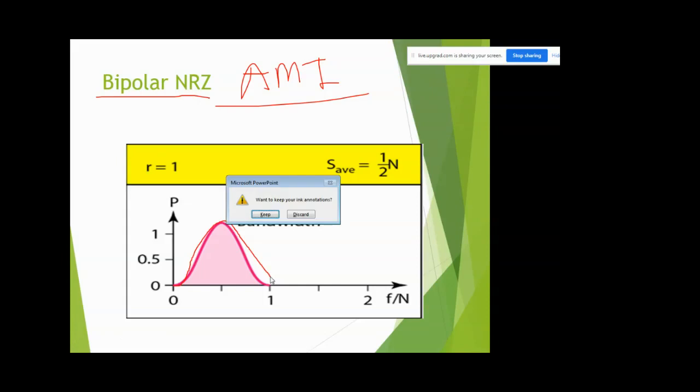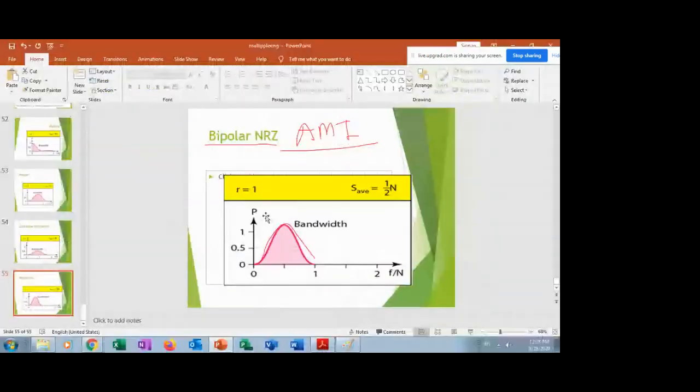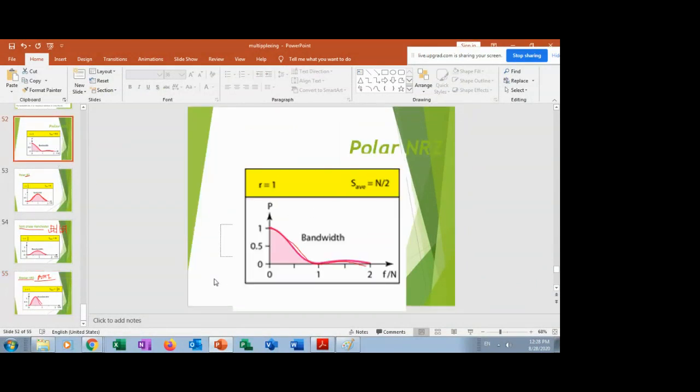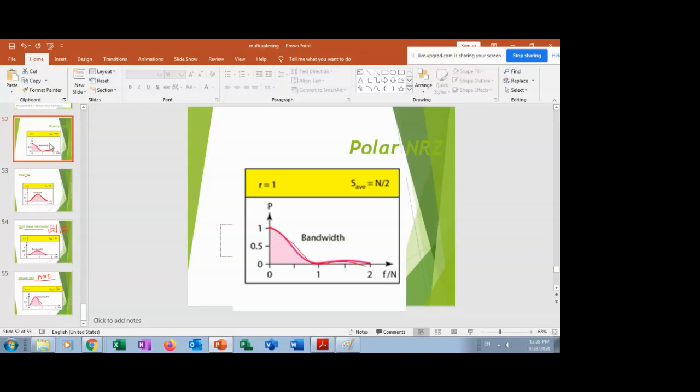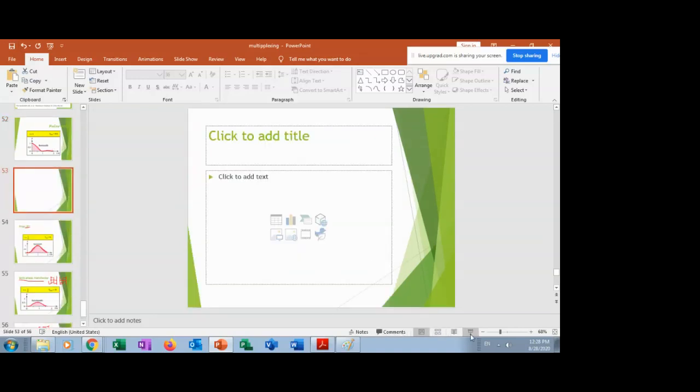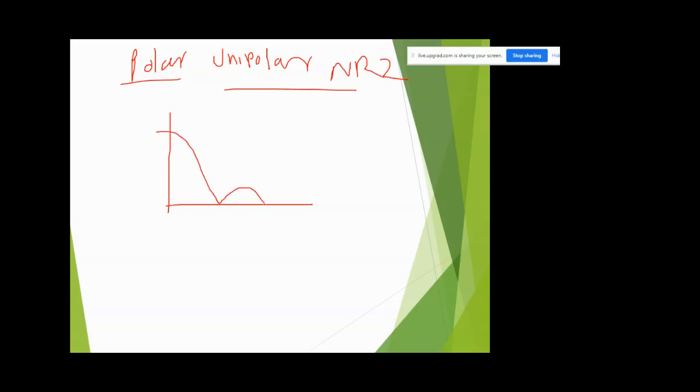So this is all about the power spectral density. Just remember how to draw it. Let me draw here. For polar as well as unipolar NRZ, the power spectral density function will look like this.